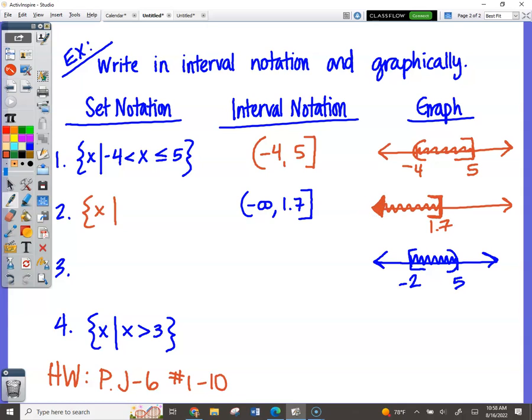And so now that you visualize that, then you can say, okay, so it's the set of values x such that x is less than or equal to 1.7. And that would be the open interval. Here, we got closed, then open.